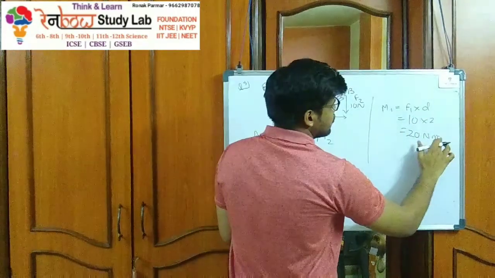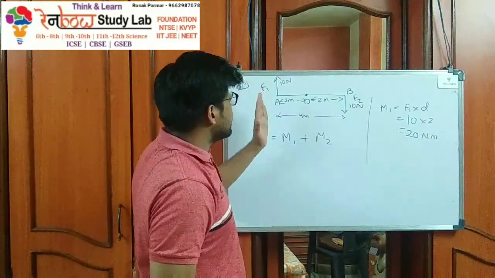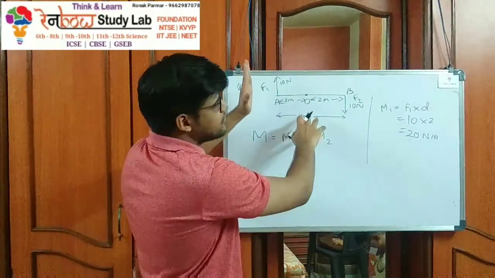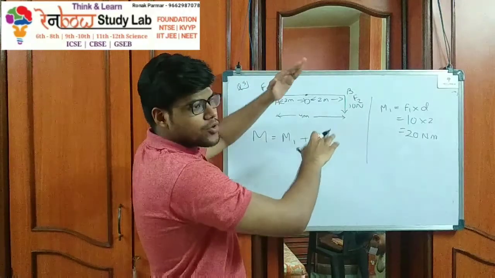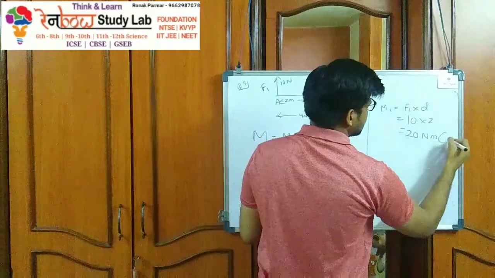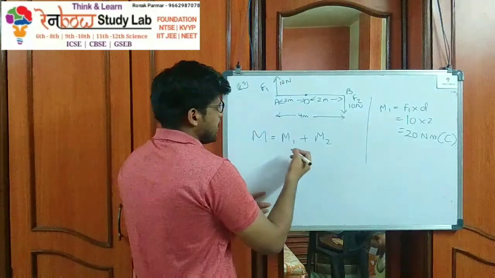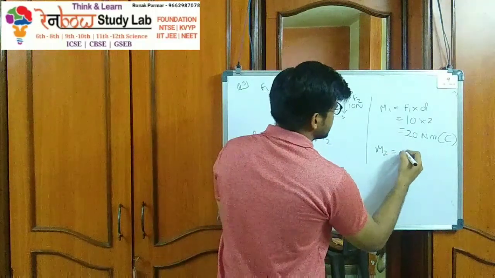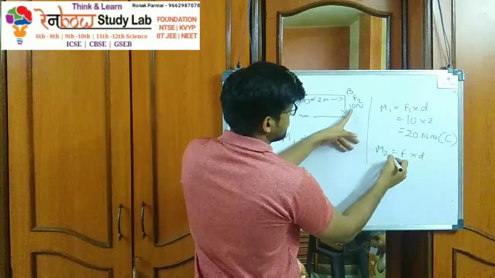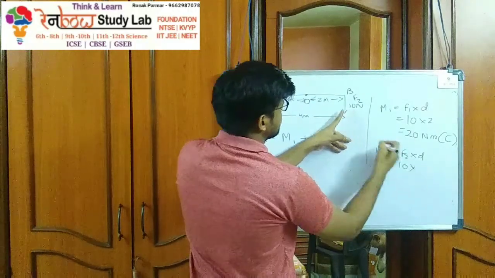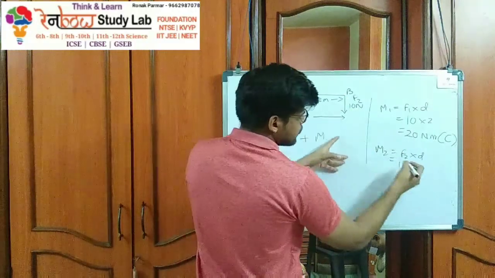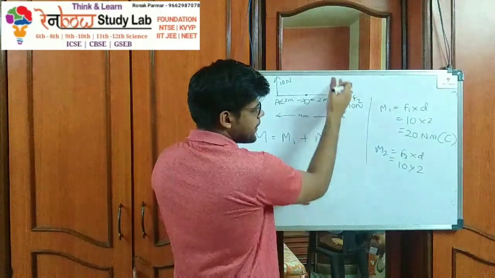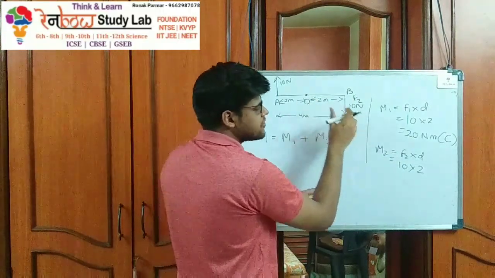Now direction, don't forget the direction. So it is upwards and the pivot point is at O. It will try to create a clockwise moment. So this is clockwise. And for M2, force into distance, again your force is 10 and the distance between B and O is 2. The point where force is applied and the pivot point, that is your distance.